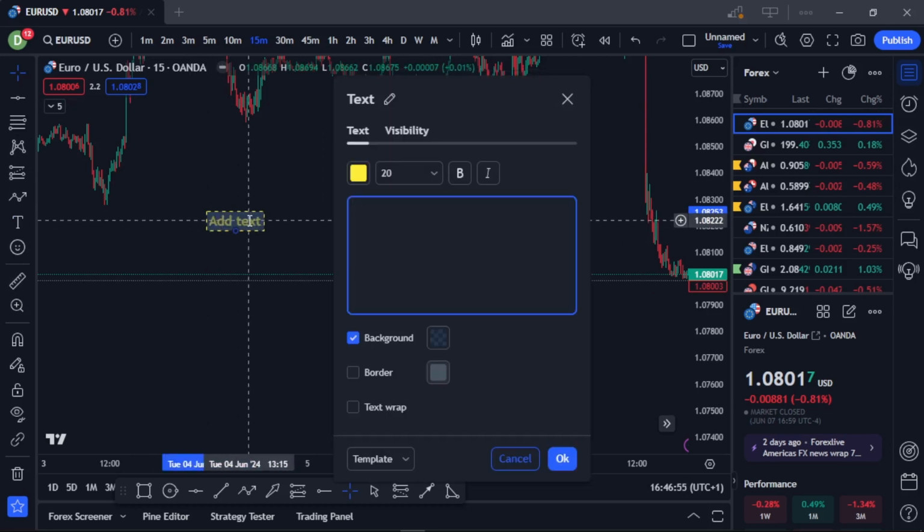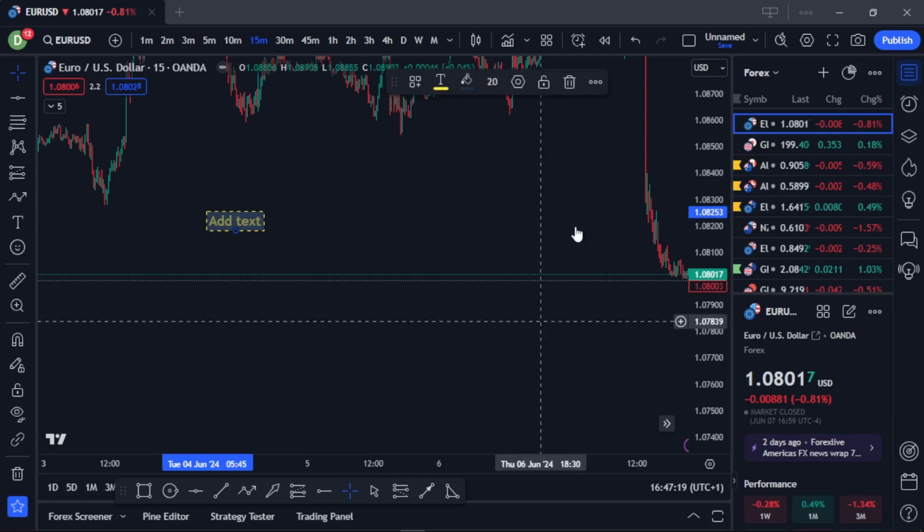So we have 1.0900, 1.0930, and then 1.0980. All these ones are smooth numbers, just numbers that have 2 or 3 zeros behind them, which makes them good psychological numbers for you to look for trading opportunities. So now I'm just going to cancel this off.